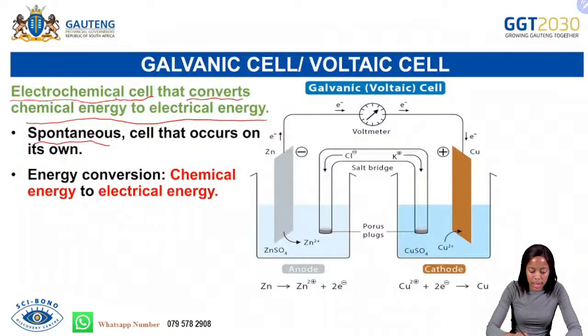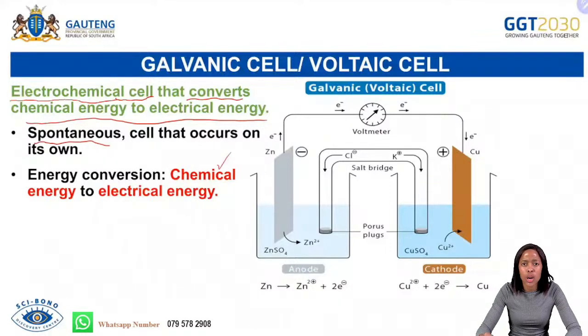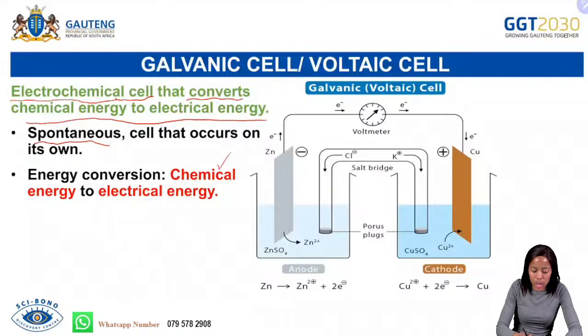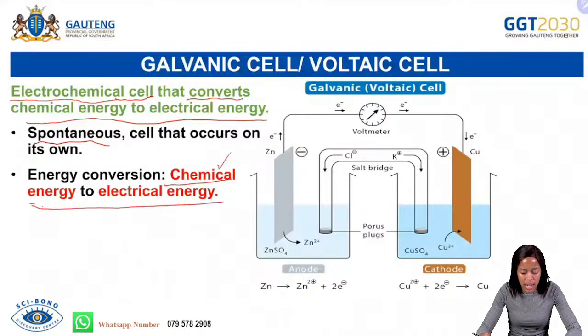Okay, number 3, we need to note the energy conversion. In the exam, they will ask, what is the energy conversion in terms of the galvanic cell? Then you know it is going to be chemical energy to electrical energy. You easily get this conversion from the definition, because the definition defines it as an electrochemical cell that converts chemical energy to electrical energy.